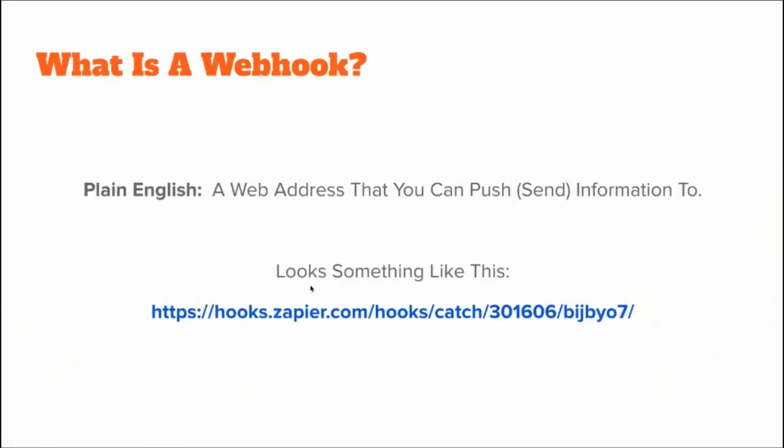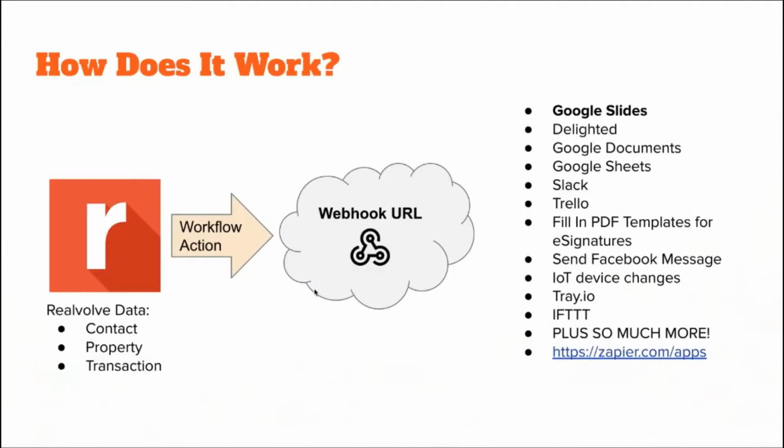So what we're going to do is talk about webhooks again, and I want to make sure people understand what a webhook is. A webhook is just a web address. It's just a URL that you can send data to, and once it's sent, you can do something with that data. So if we look at this visually, and I used the same one before, Realvolve has three main databases: the contacts, the properties, and the transactions.